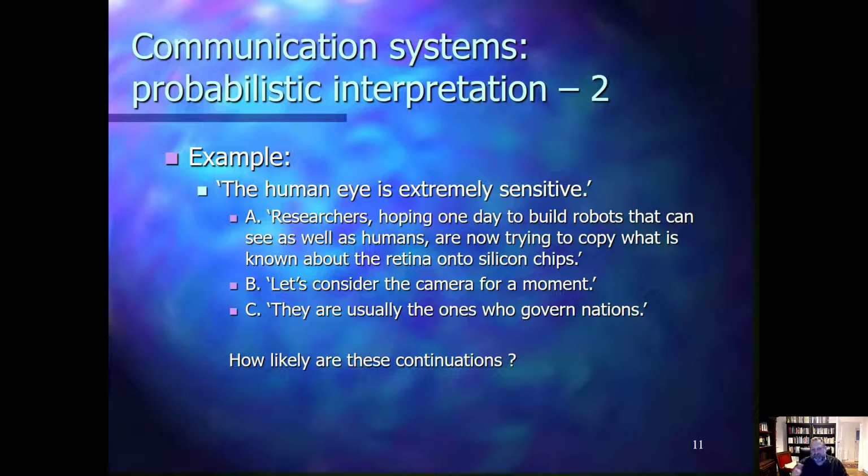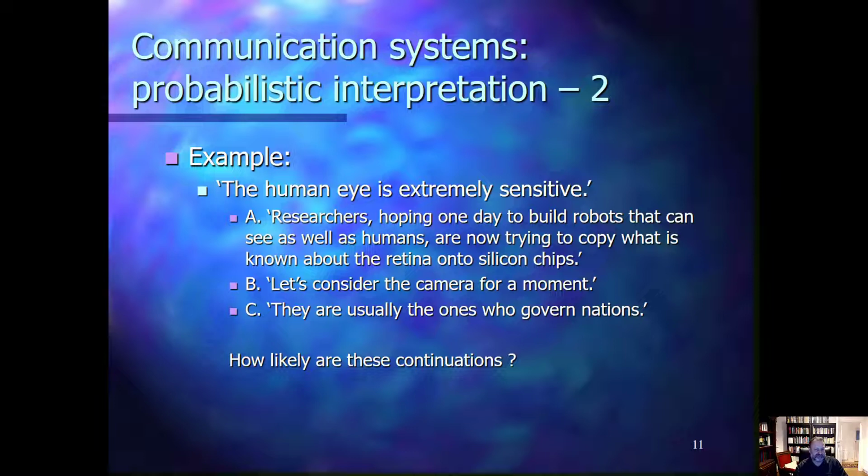Now, clearly, the likelihood depends on the context. However, let's assume that we are in a current context where we talk normally in everyday terms about these things. Now, the option C is probably not very likely. Linking the human eye sensitivity to those who govern nations, it's kind of unrelated.